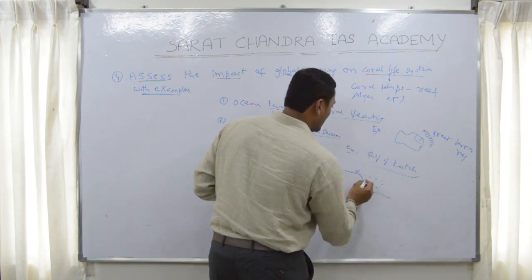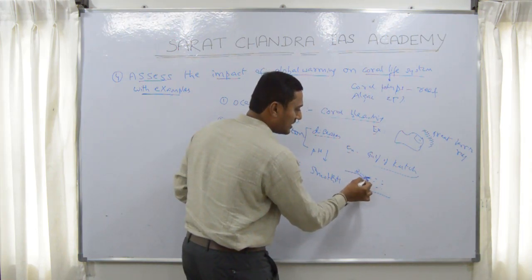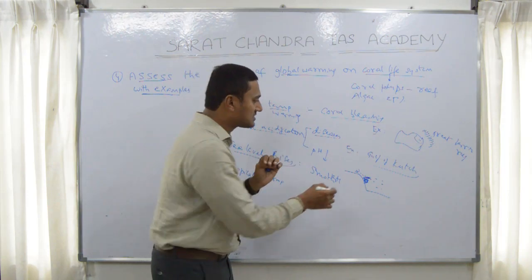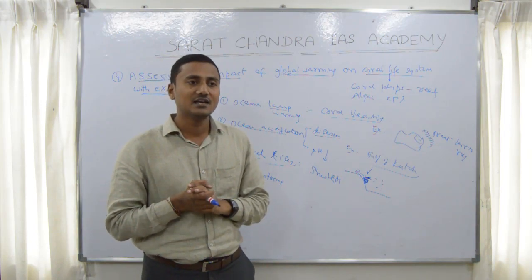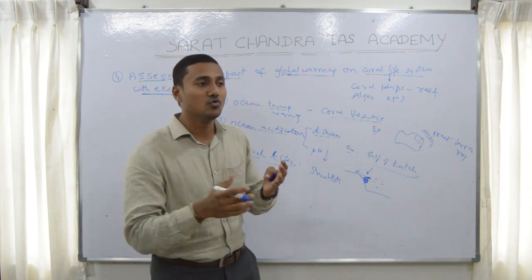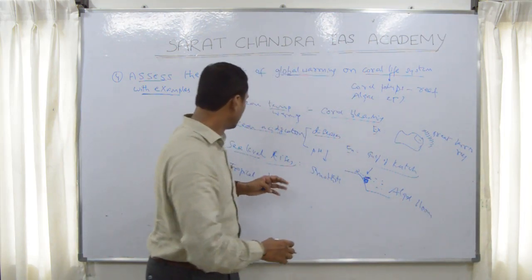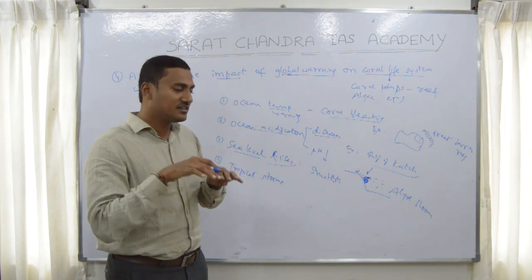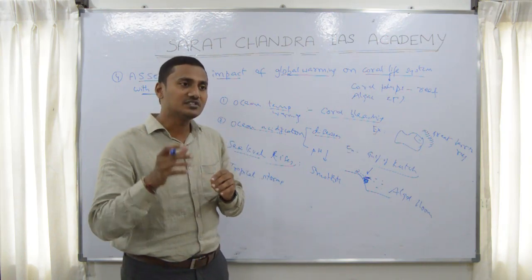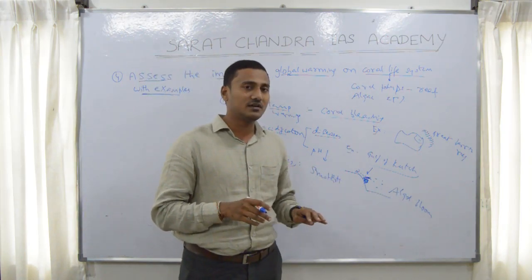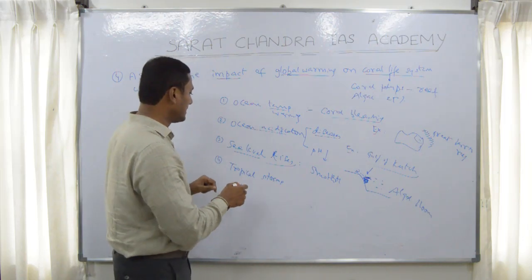If this is the ocean, if these are the coral reefs in the ocean, the sediments coming into the ocean will smother the coral reefs, because of which the sunlight cannot really enter the coral reefs, because of which again there will be development of dangerous algal bloom. So the sea level rise leads to sedimentation, which leads to smothering, covering of the coral reefs, that reduces the penetration of sunlight, which in effect creates dangerous algal bloom, which will affect the coral ecosystem.